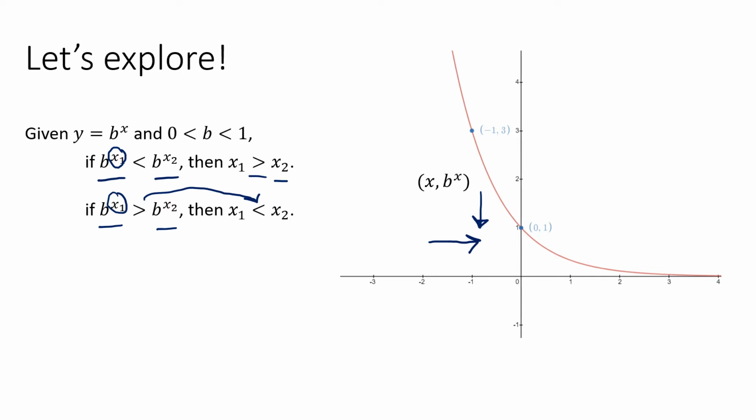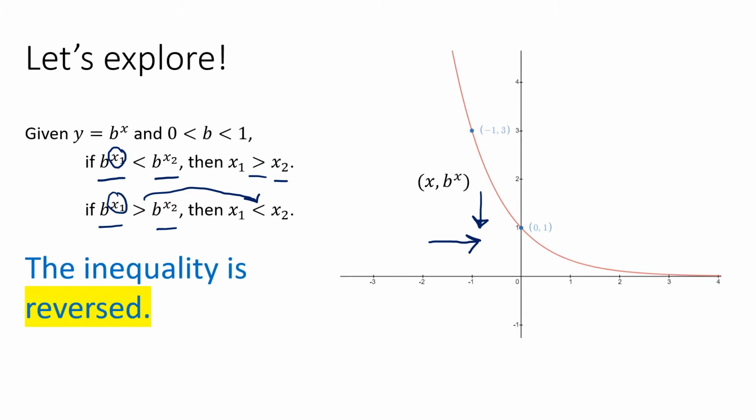So unlike the first case where b is greater than 1, when we are faced with an inequality with a base that is a fraction greater than 0 and less than 1, the inequality is reversed, as we can see from the two statements. Take note that this same rule applies even for less than or equal and greater than or equal inequalities.